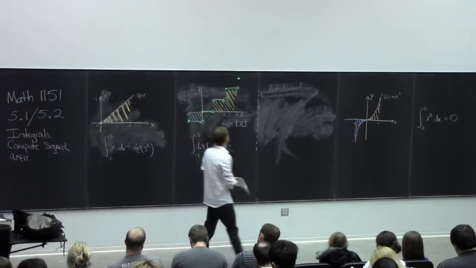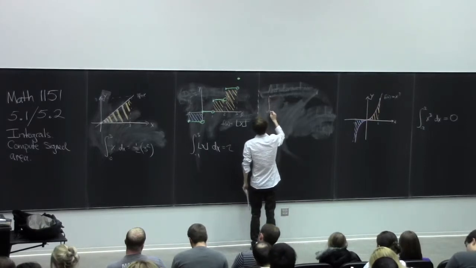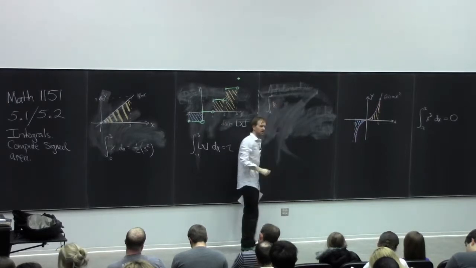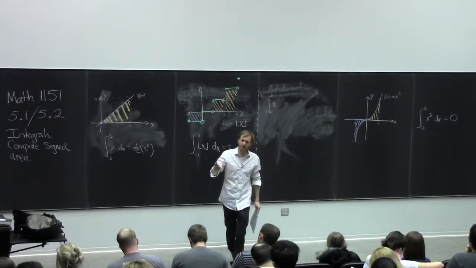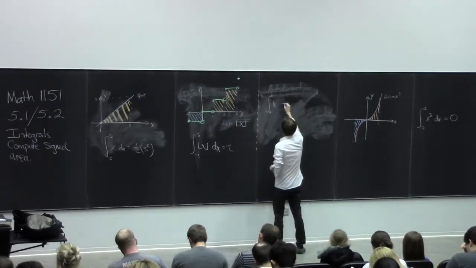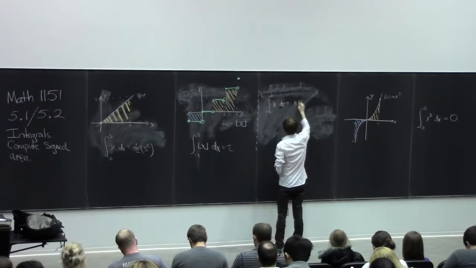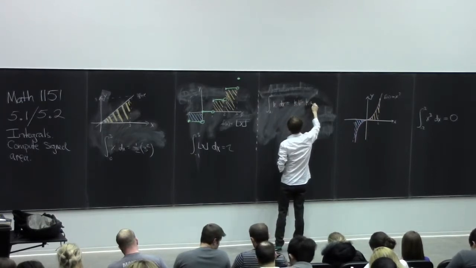The first thing we can write down is that the integral from a to b of some constant k dx is equal to kb minus ka.